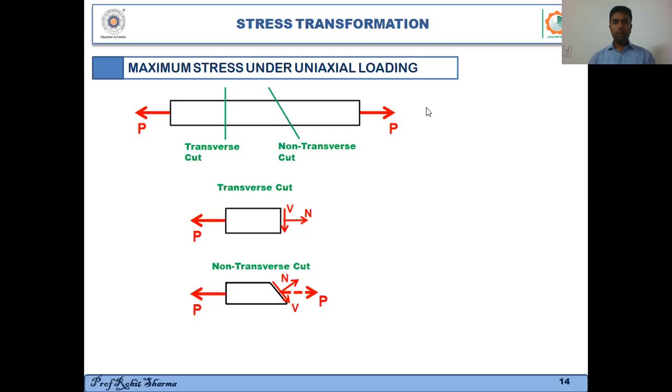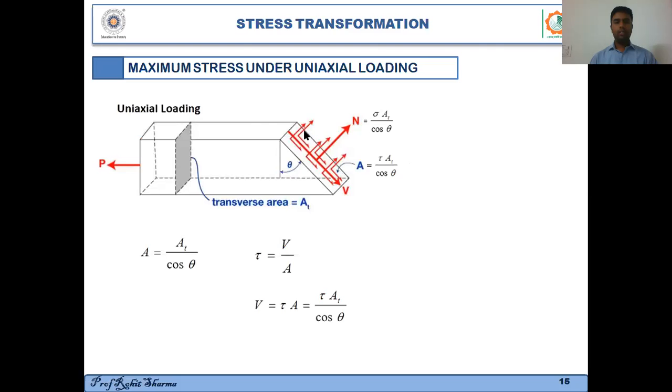Okay. So now we have to find out the relationship between N and V and the angle of cut, right? So suppose that you have this bar, which was under uniaxial loading, and suppose that the transverse area is AT.